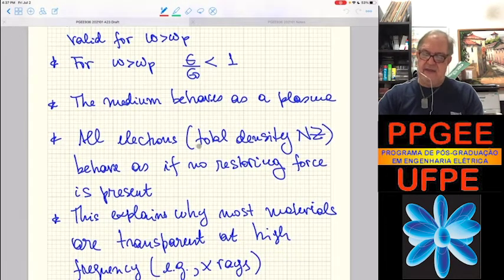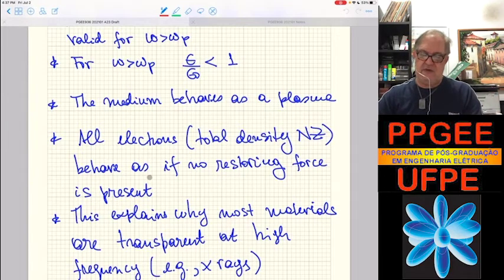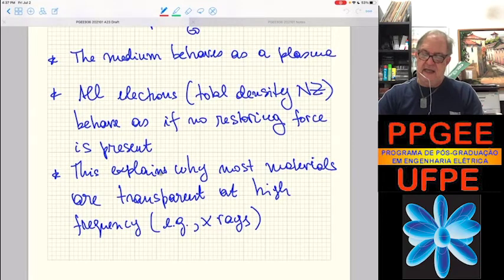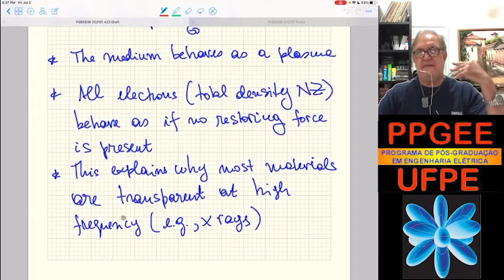Our electrons behave as if no restoring force is present at very high frequency. And that's why materials are transparent to high frequency radiation, right? We don't have absorption, little interaction, right? Because there's no restoring force, no resonance. Then the electromagnetic wave just passes through the material.